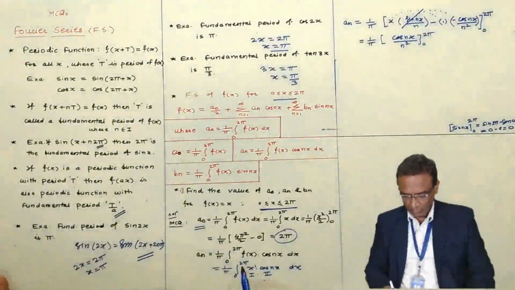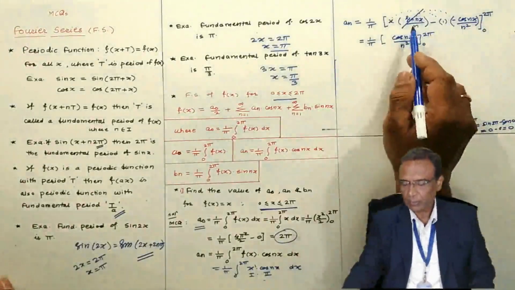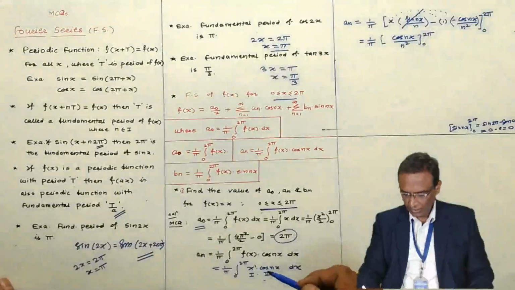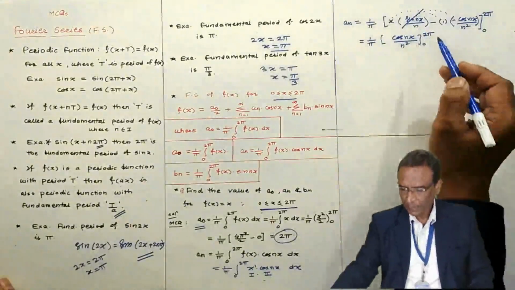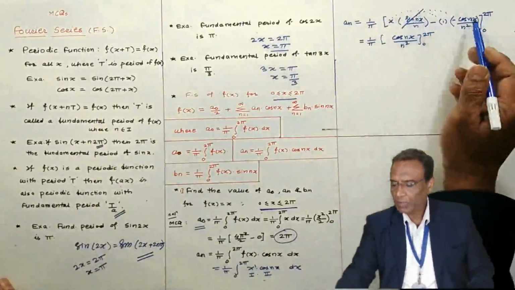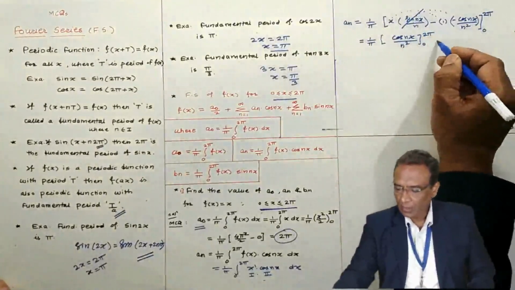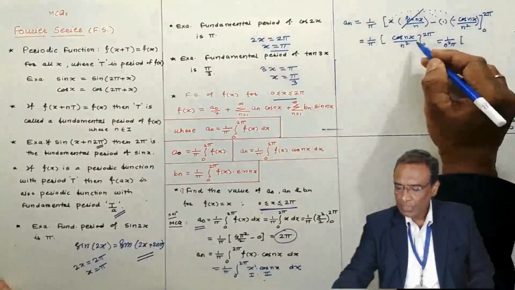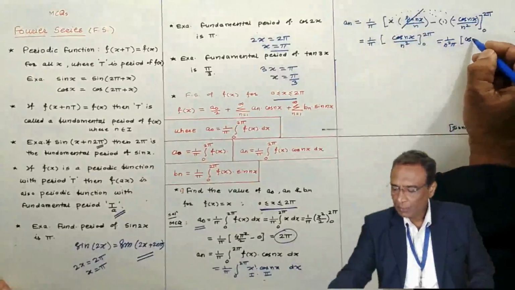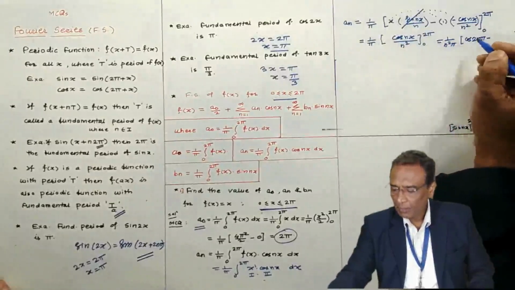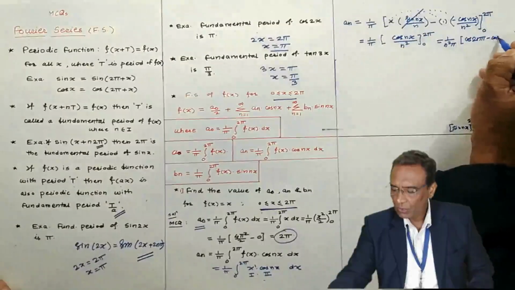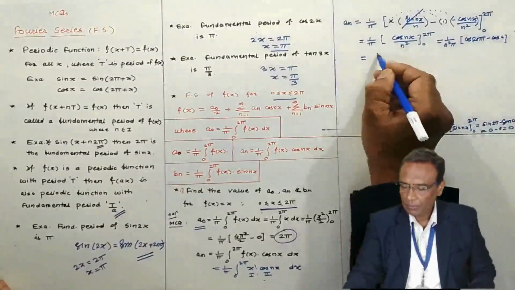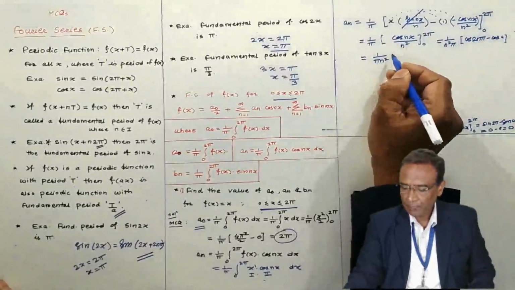Once again, first function into integral of second: integral of cos is sin nx by n, and integral of sin is minus cos x. Now 1 by n square pi, put x equal to 2 pi for the upper limit, cos 2n pi, minus put x equal to 0, cos 0.